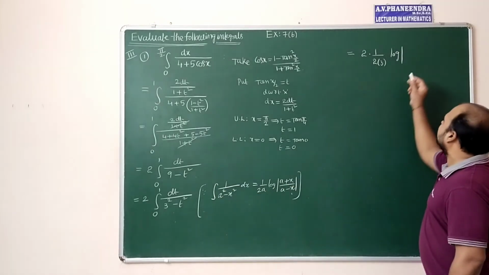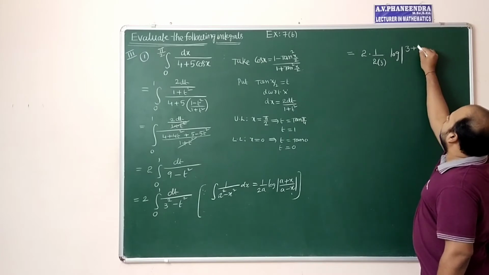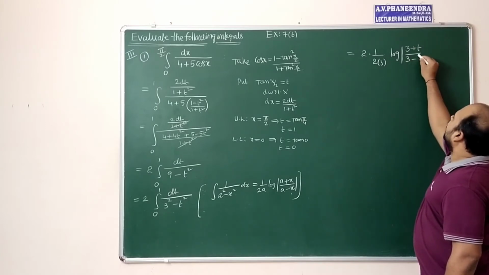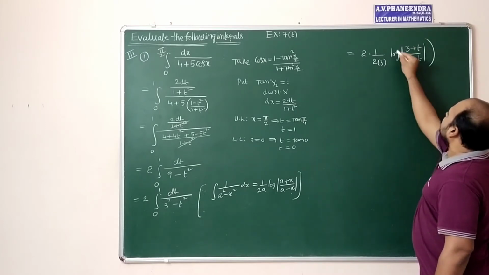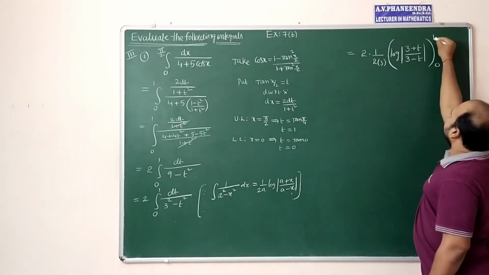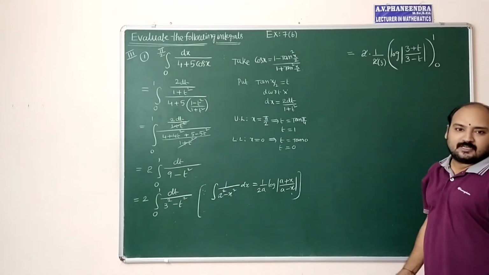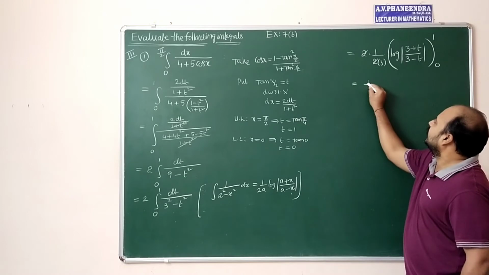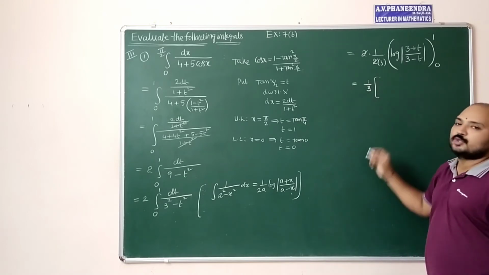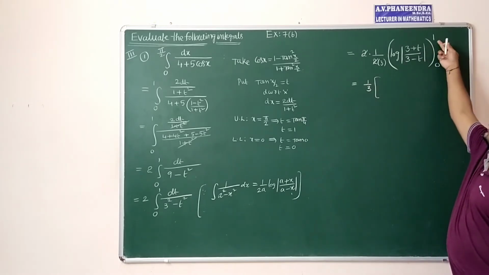A plus x means 3 plus t, divided by 3 minus t, applying the limits 0 to 1. So here the 2 gets cancelled, which is equal to 1 by 3. First we substitute in place of t the upper limit t equal to 1.